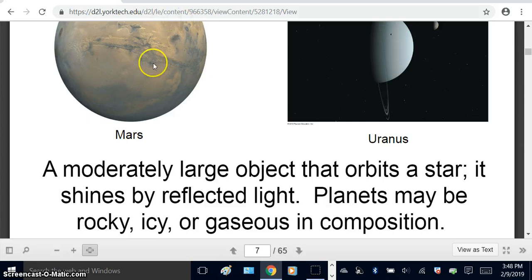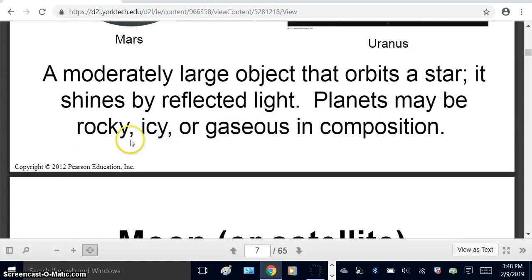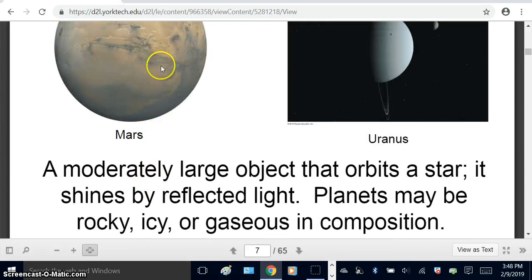The inner rocky worlds like Mars occupy the inner part of the solar system. The gas giants occupy the outer part of the solar system. The rocky worlds are made up mostly of rock. The outer ones are gas and ice material as well.